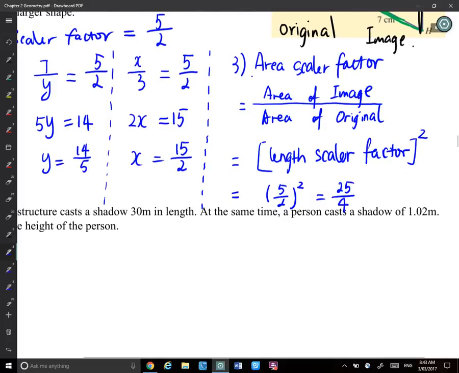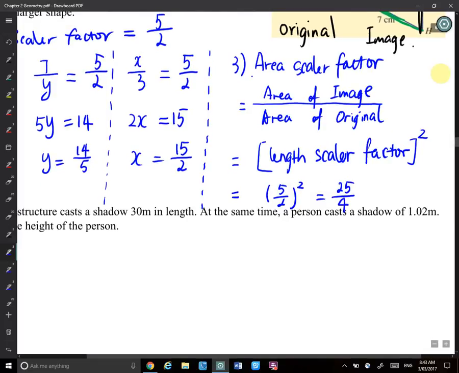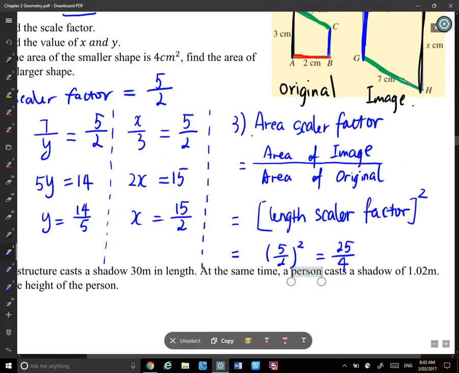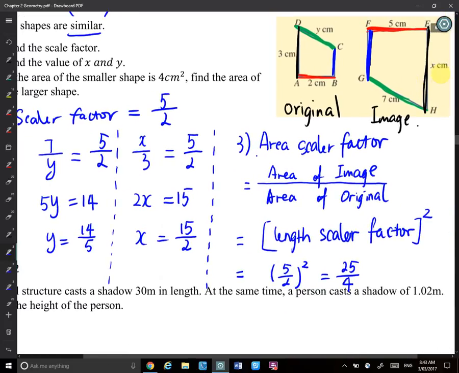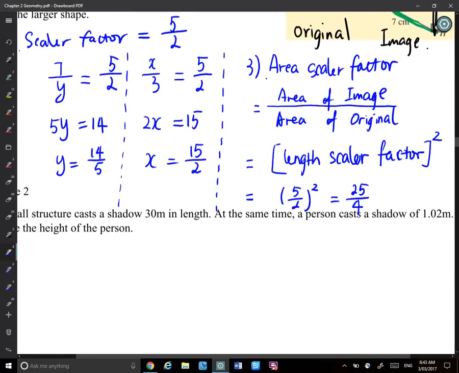Not enough space, so I'll write here. What's the area of the image? The smaller one is given as 4, so the smaller one is the original one.